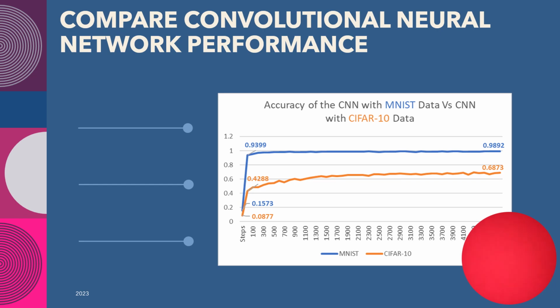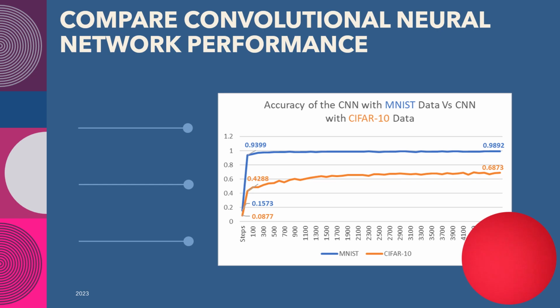Both have a similar behavior. The accuracy level starts low and makes a big jump in the first 100 steps. The MNIST dataset has a much more linear behavior after the first 100 steps, while the CIFAR dataset has more fluctuations, as we can see there in the graph.